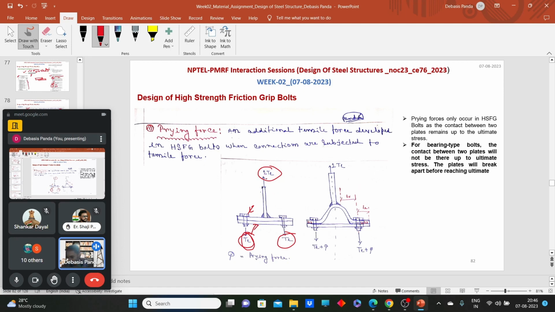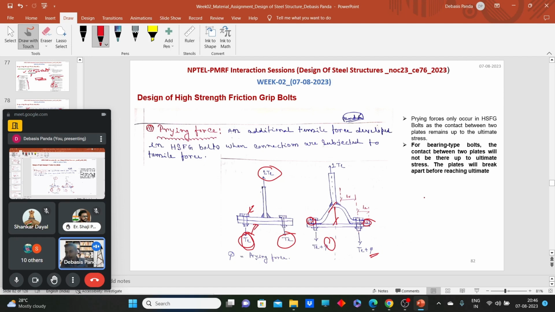Now try to understand the phenomenon. When we apply the load here, the deflection will occur. Here it is showing large deflection. If we have little deflection, think about the little deflection. So what will happen? This portion of the plate will be suppressed and eventually it will exert a reaction force, and that reaction force will exert additional tensile force on the bolt, Q. That Q is known as the prying force of the bolt.